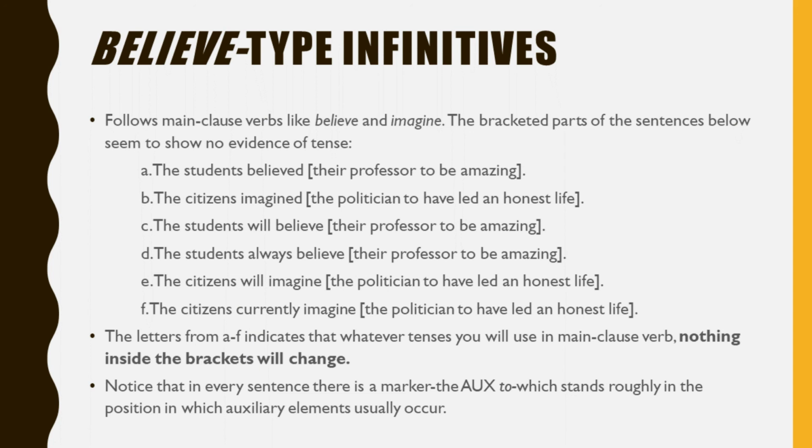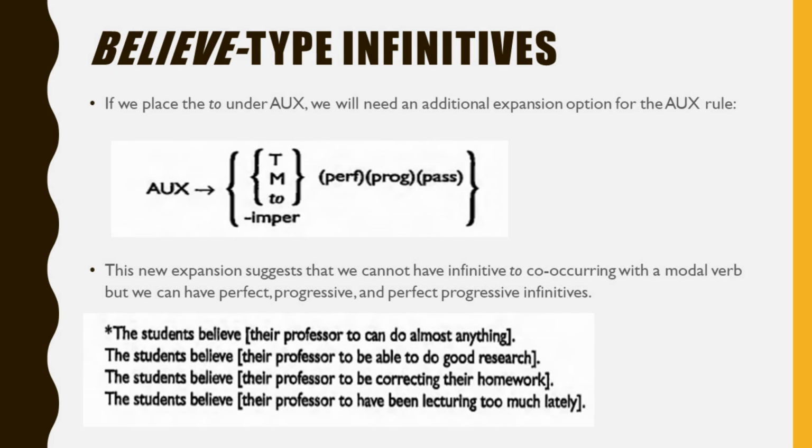And there does seem to be a marker, the auxiliary to, which stands roughly in the position in which auxiliary elements usually occur. This new expansion suggests that we cannot have infinitive to co-occurring with a modal verb, just like in the first sentence wherein the infinitive to is with a modal verb can.